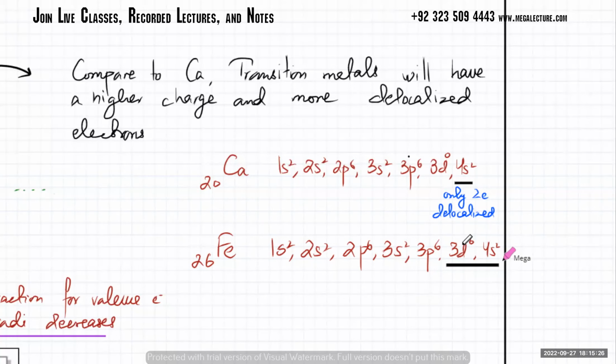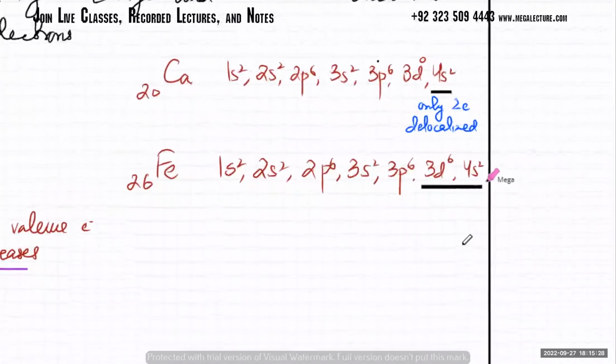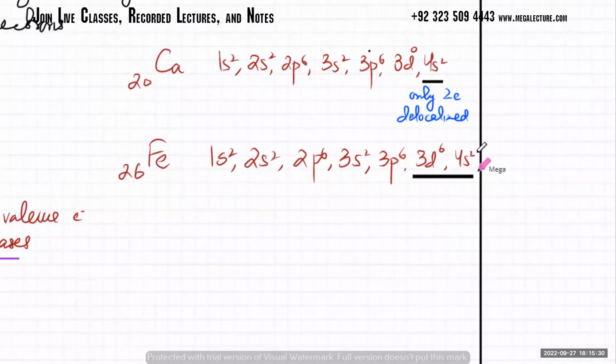You can remove 2 electrons from the outermost, so that's 2+. But at the same time, you can also remove 3 electrons, or even 4 or 5 electrons, because you can remove electrons from the 3d, which is right next to it. So that's why iron can have more delocalized electrons.